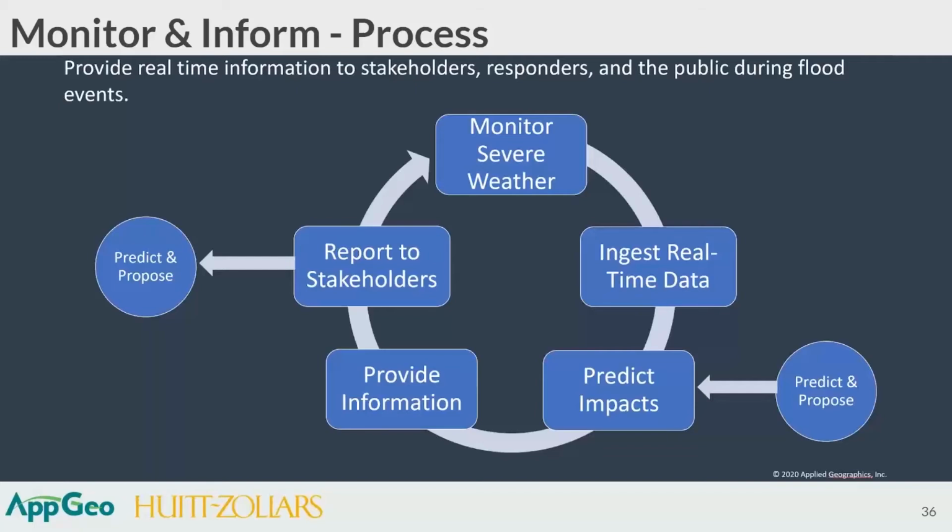So those people will be monitoring real-time data such as weather feeds, river gauges, and road closures. And based on your models, they can be looking at where we expect impacts to occur so that when the current conditions line up with the scenarios that have been run, we can begin to see where we expect things to happen.